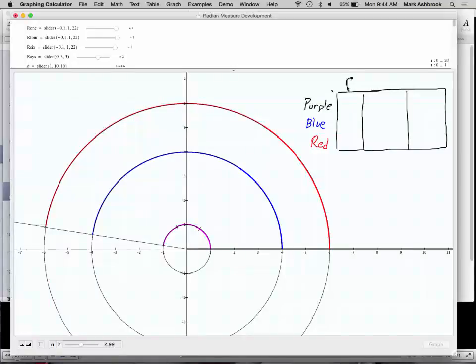Okay, R, that's for the length of the radius. Okay, theta, or let's go with this, S is the total arc length. And theta is the angle measure in radians.